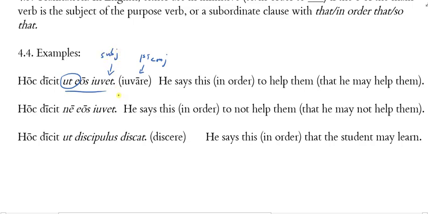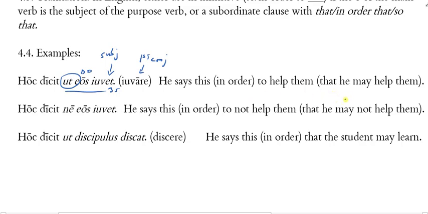That's a subjunctive verb. So he says this in order that, this is third singular, the subject of the subjunctive verb is the same as the subject of the main verb. So I could use an infinitive here. He says this to help them, or in order to help them. Eos is my direct object.